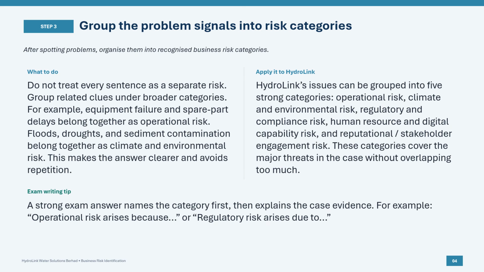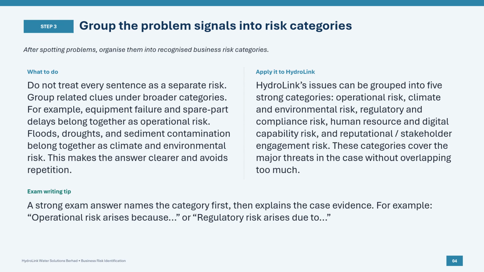So do not treat every sentence as a separate risk. Risk can flow, so you need to follow the whole story. In other words, group related issues under a broad category. For example, equipment failures and spare part delays are the same.